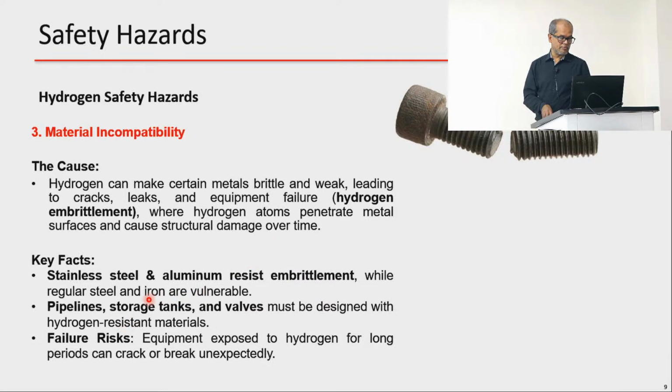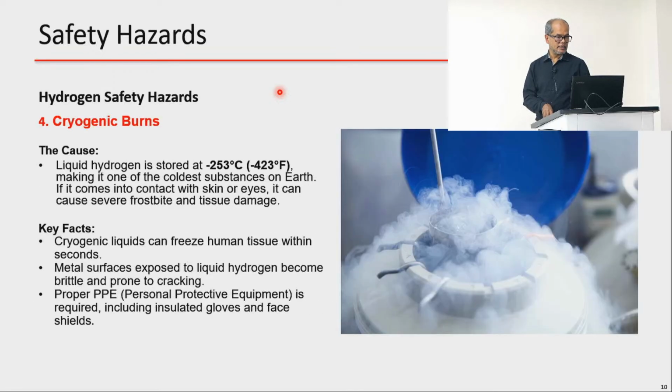Pipelines, storage tanks and valves must be designed with hydrogen-resistant materials. Equipment exposed to hydrogen for a long period can also crack and break unexpectedly. So, that is why we need to take this sort of hazard seriously.